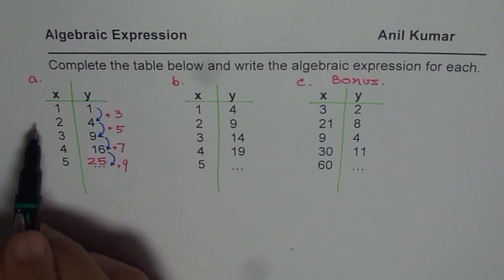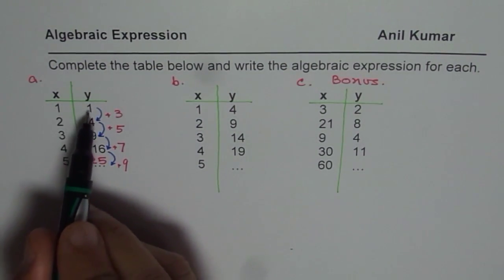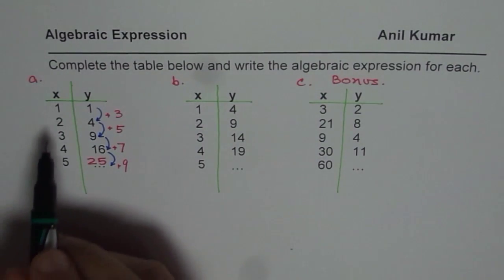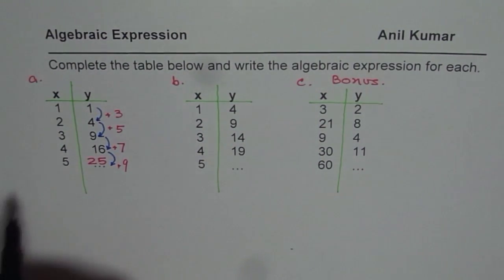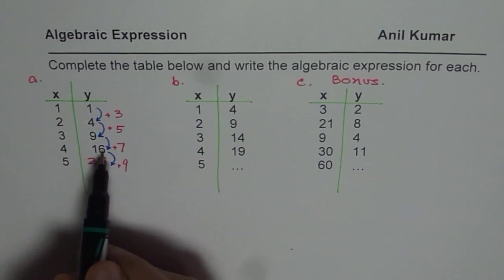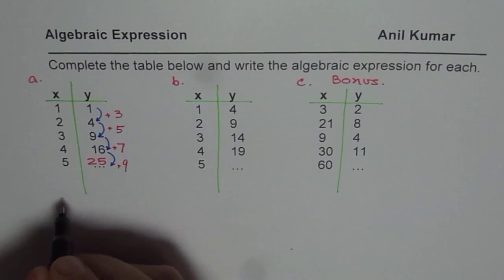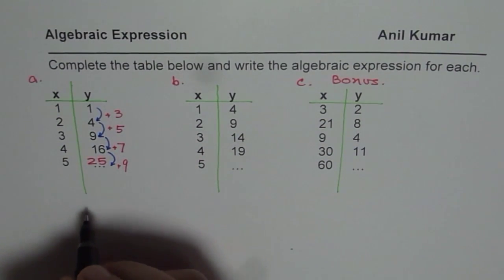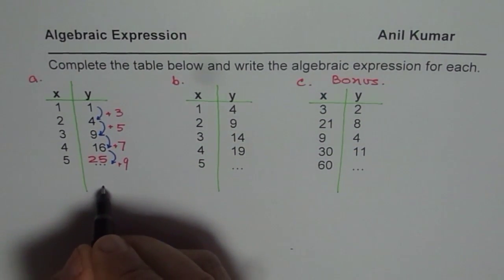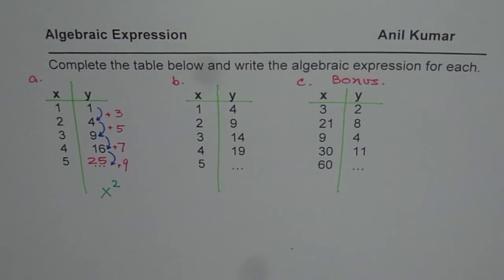Now if you look into that side, then you can say, well, 1 square is 1, 2 square is 4, 3 square is 9, 4 square is 16, and 5 square is 25. And therefore I could write an expression which is equal to x square, correct? So x square is my expression which works in this particular case.